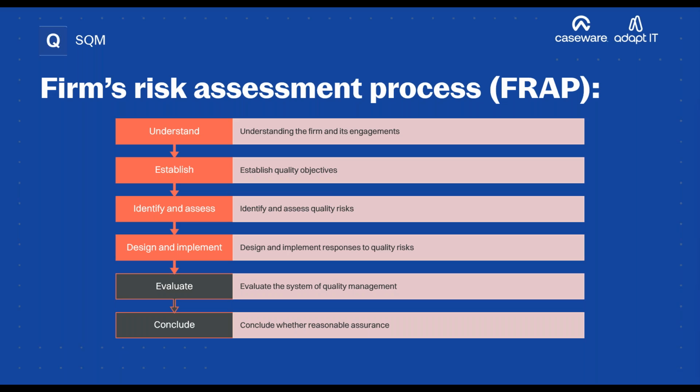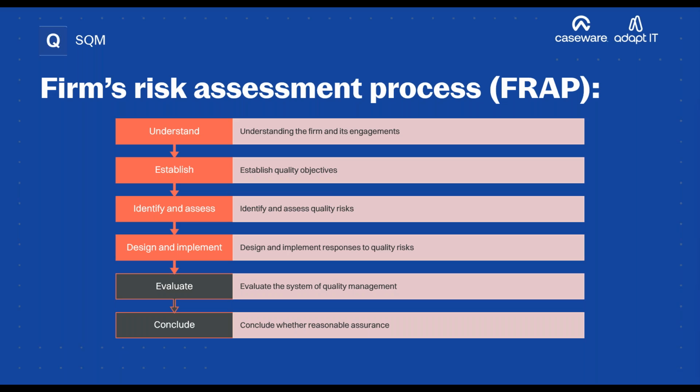So in SQM, we guide you to, first of all, obtain an understanding, or document your understanding, of the firm system, or before the firm system, of the firm itself and the engagement. There are lots of questions, which I'll show you in the demonstration as well.